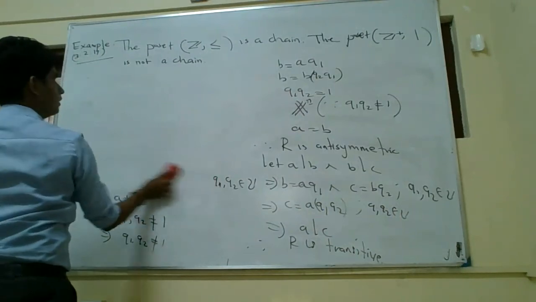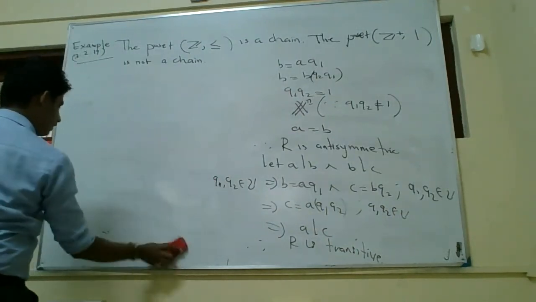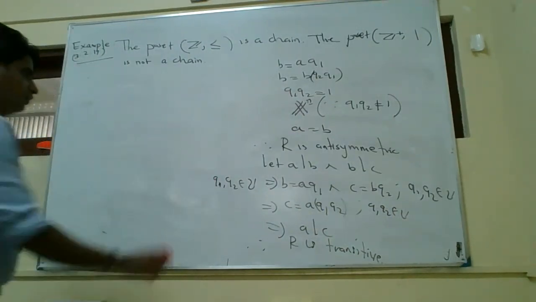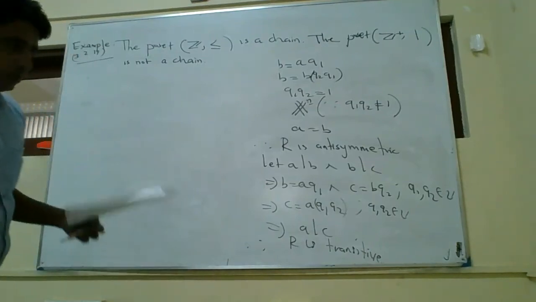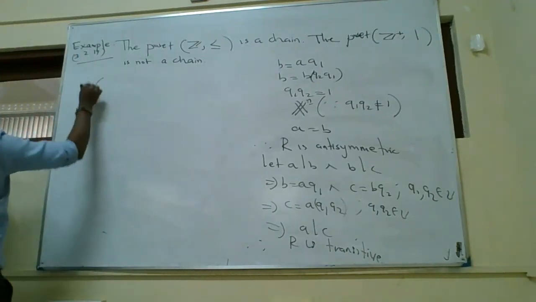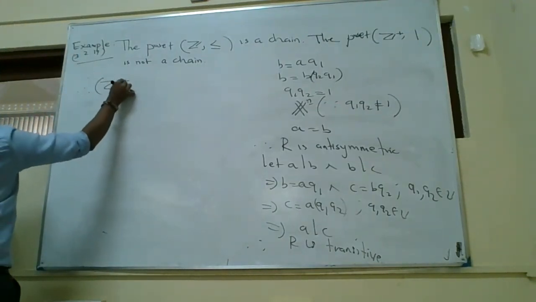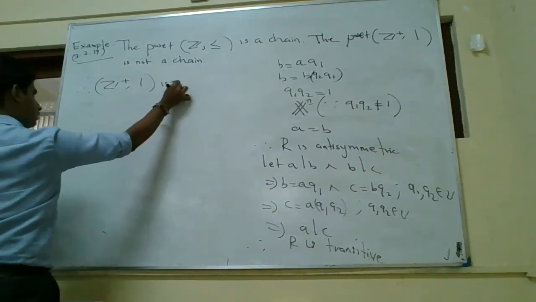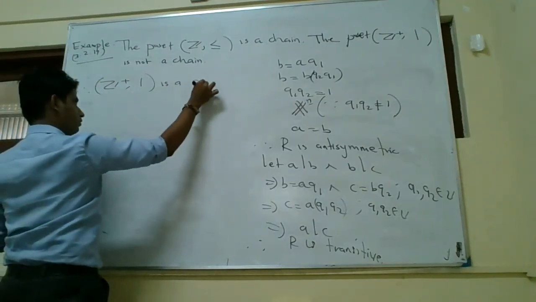This set of positive integers with divides is a partially ordered set, but it's not comparable.